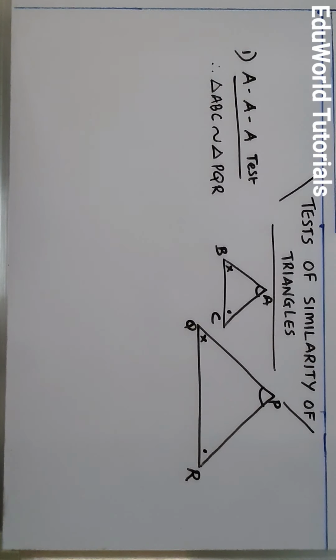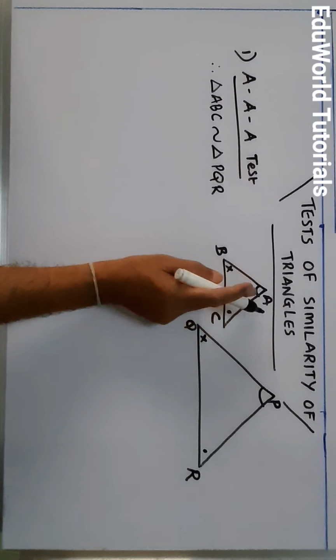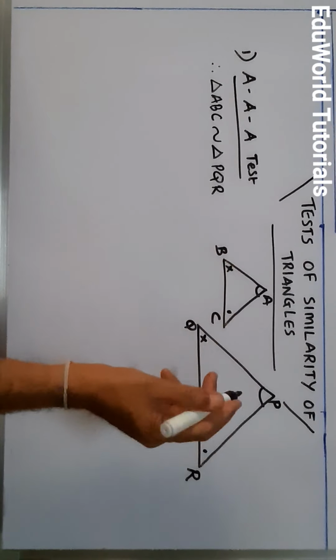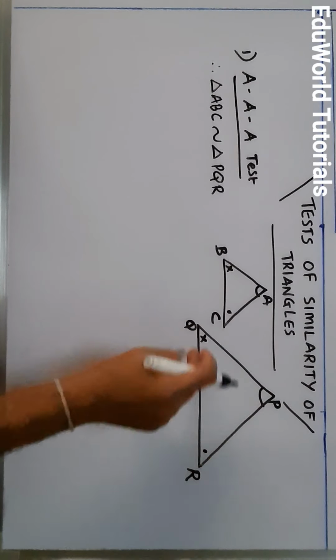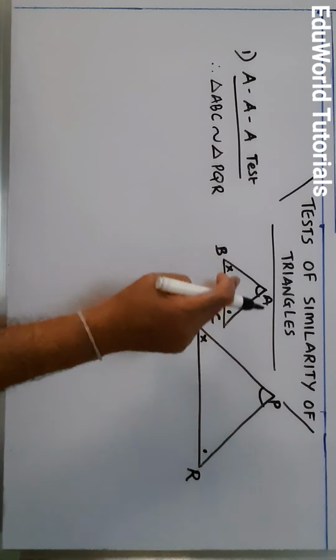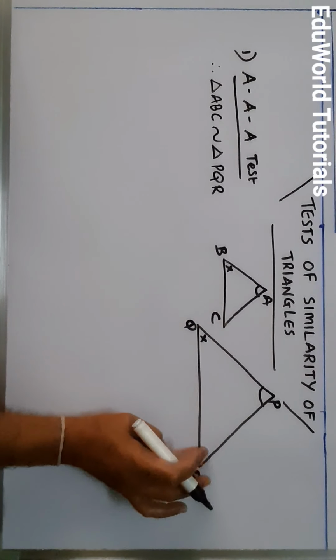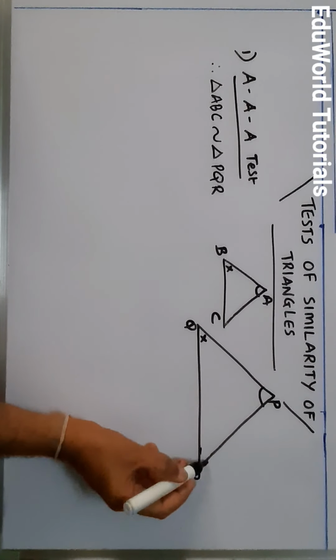Now we know that the sum of measures of all angles of a triangle is 180 degrees. When two angles of triangle ABC, angle A and angle B, are congruent to two angles of triangle PQR, angle P and angle Q, and the third angle is not given, what will happen?